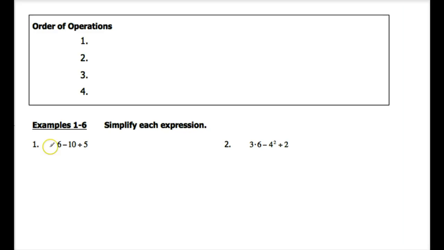I already told you a couple of steps, but I'm going to divide it into 4 basic steps here. And the first thing I'm going to say is you do your grouping symbols first. And oftentimes your grouping symbols look like parentheses. That is the most common set of grouping symbols you'll see.